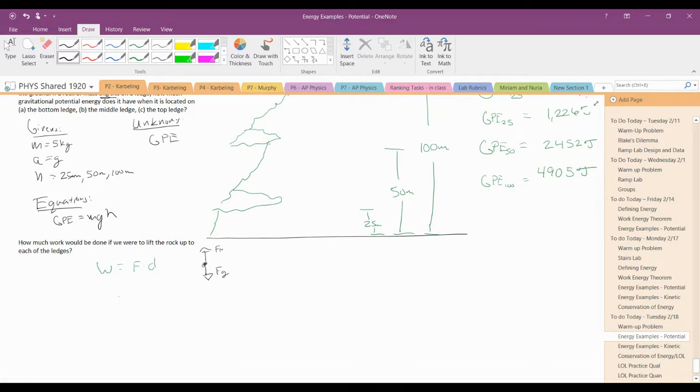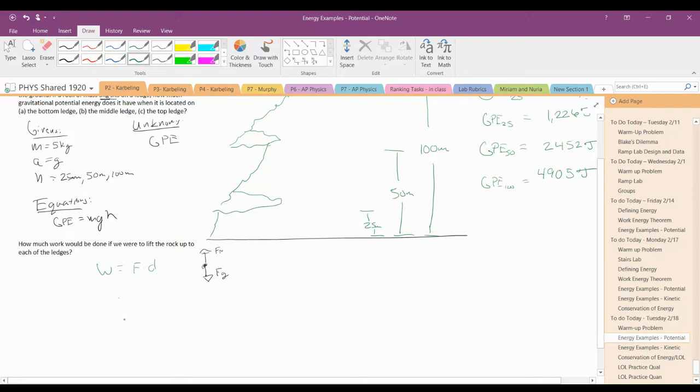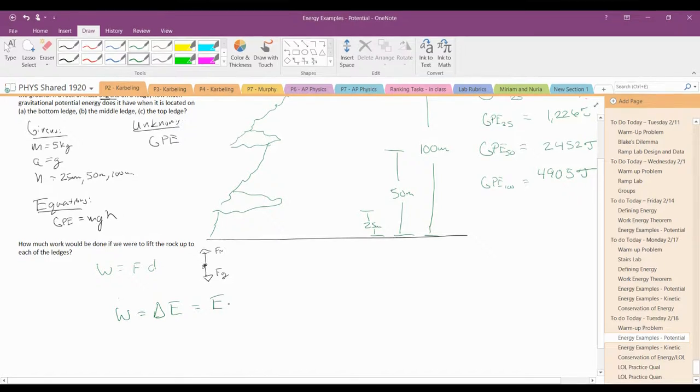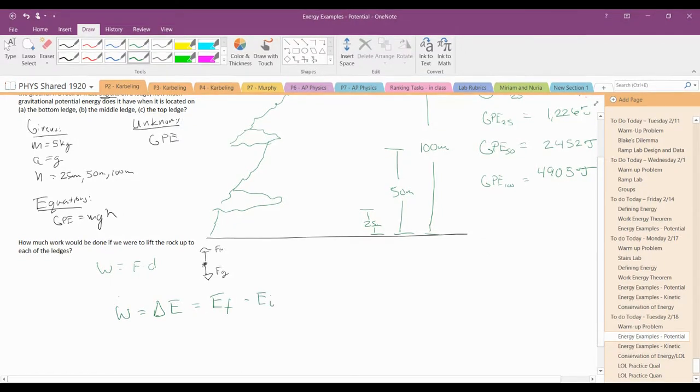We could do that, but there's a way to do it even easier. Remember from the last video, we have that work is equal to the change in energy, which is equal to the final energy minus the initial energy.